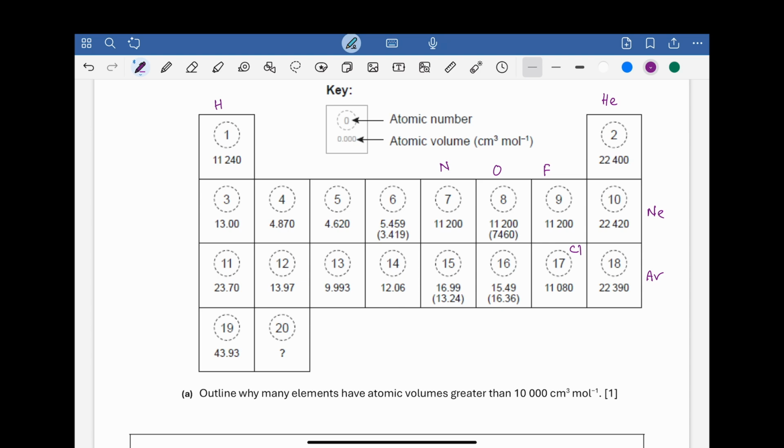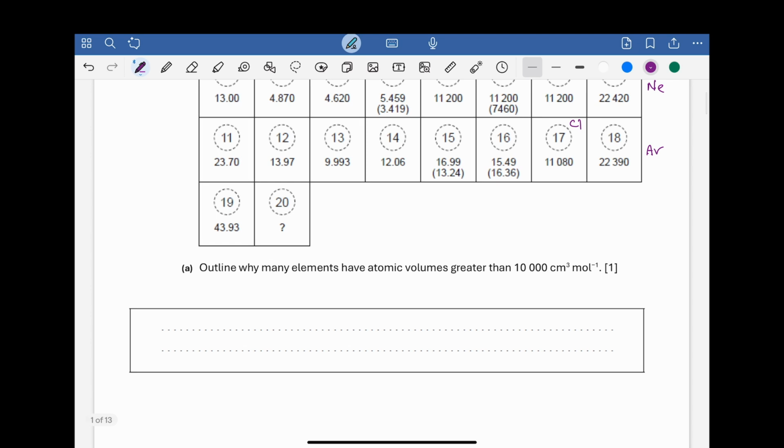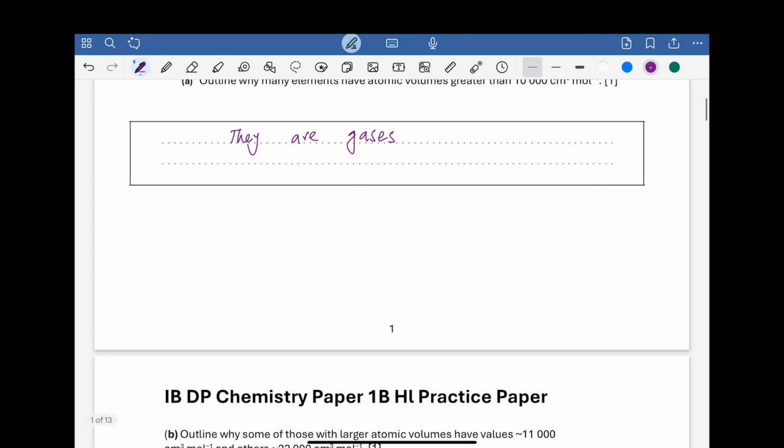That suggests all of them are gases. Hence, they have atomic volumes greater than 10,000 centimeter cube because they have low density. So we can write down they are gases. That will give us 1 mark.